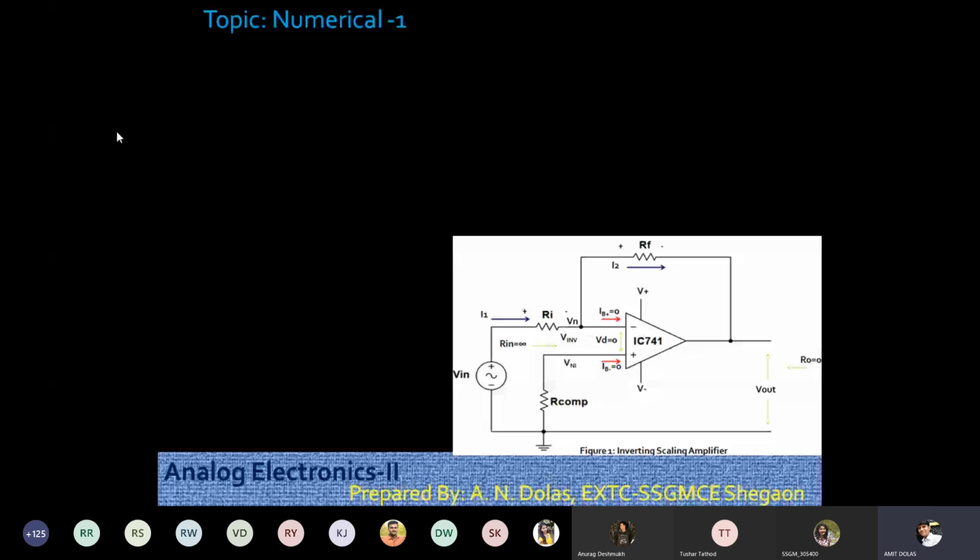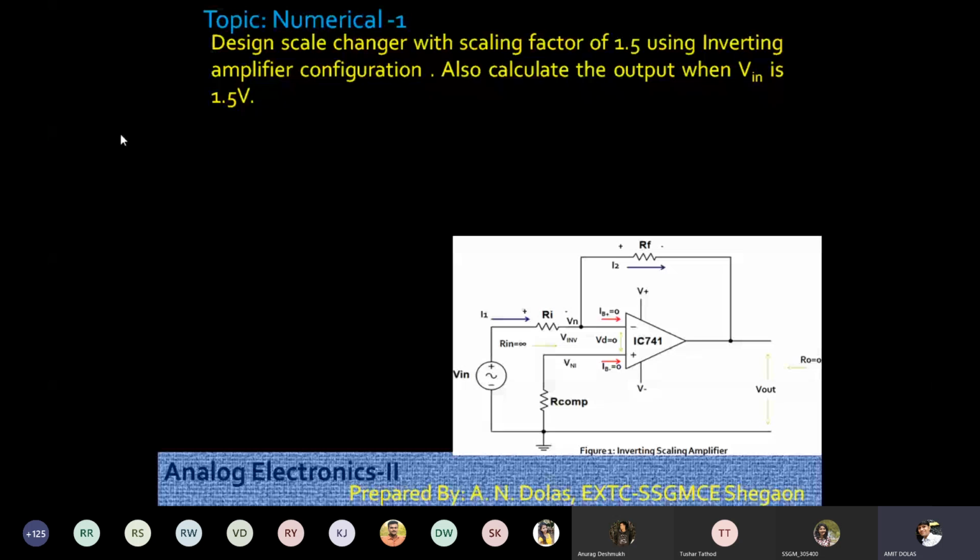Numerical 1 is based on the same analysis that we did here. You may write it down in the notebook. The first numerical, and most of the numericals that I will be discussing in my lecture, will be from university examination papers. I have the solution for each and every design problem covered in the previous papers. The first numerical: design a scale changer with a scaling factor of 1.5.